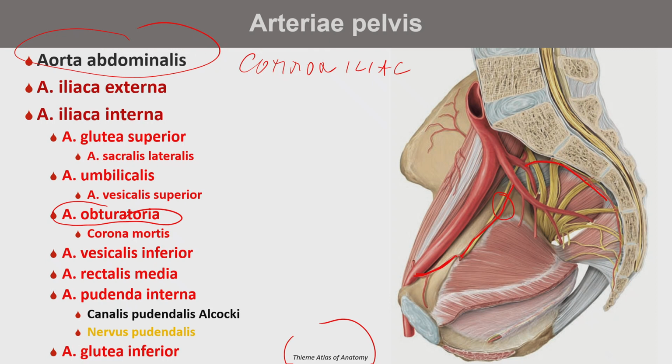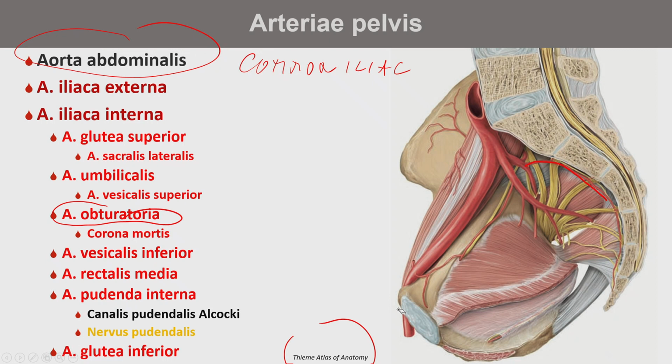Now it's less so, but it is still important because we have injuries of the pelvic girdle with fractures of the pelvic bones, and the site where the fracture typically goes through is this superior ramus of the pubic bone, and then the knife-blade edge of the fractured bone could injure it and cause bleeding. So this is the obturator artery.